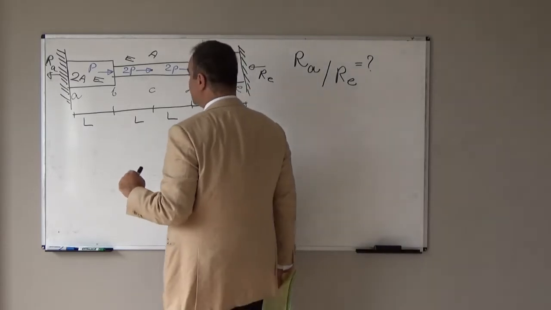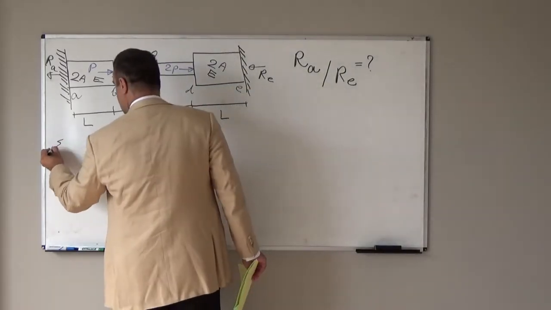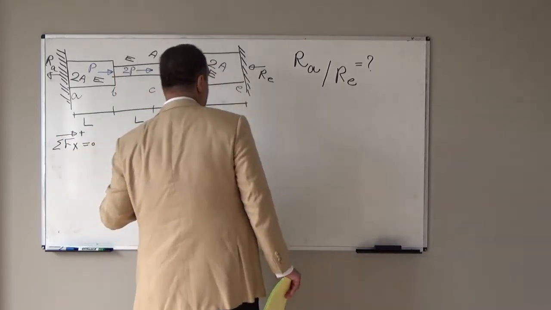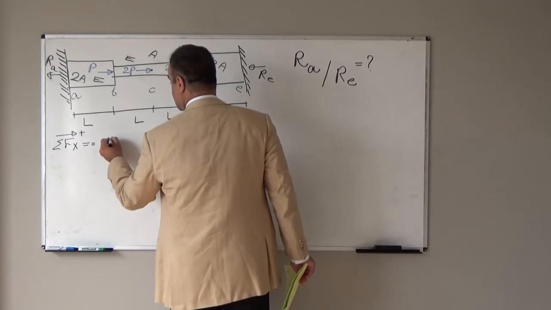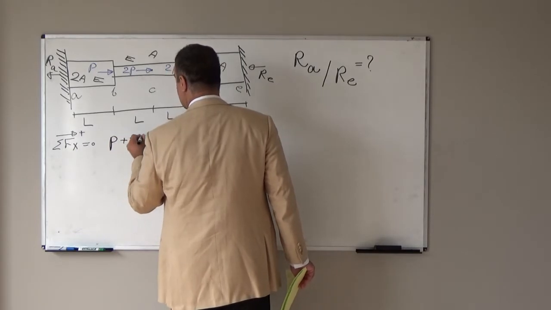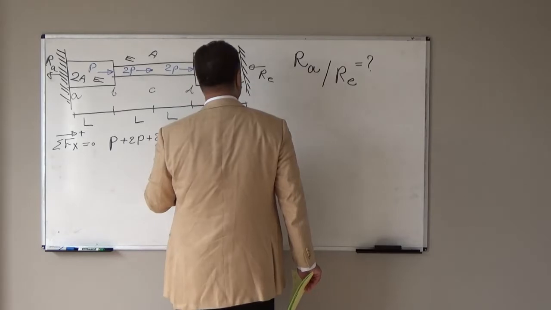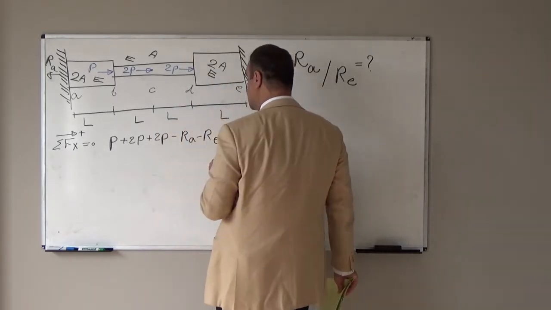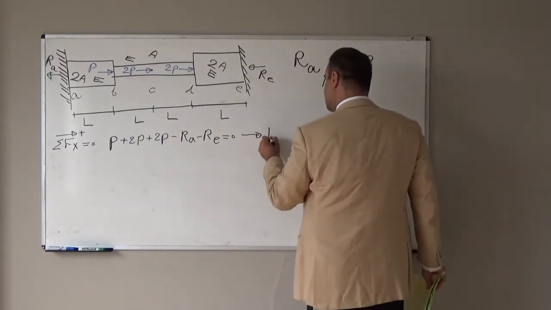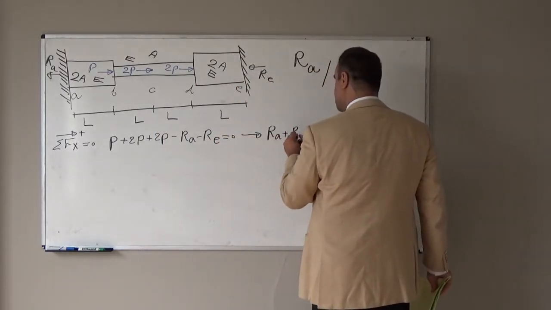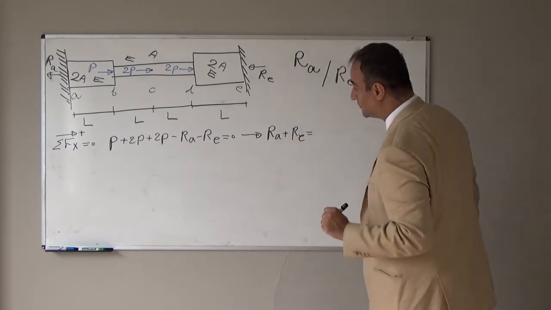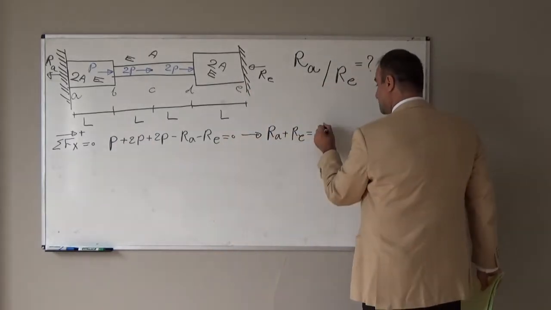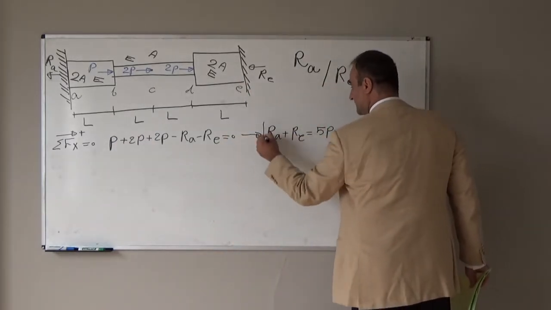If we add everything together, we can write summation of forces in horizontal direction is equal to 0. So it will be P plus 2P plus 2P minus reaction A minus reaction E is equal to 0. From here, reaction A plus reaction E will be equal to 5P.